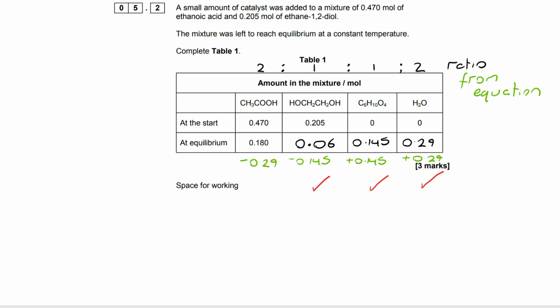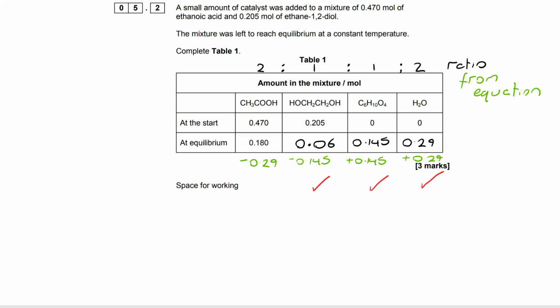If we compare ethanoic acid to the ethane 1,2-diol, there's a 2 to 1 ratio. So if 2 moles of ethanoic acid react, only 1 mole of ethane 1,2-diol will react. And so it's not gone down by 0.29, it's gone down by half of that, 0.145, and that's where our 0.06 comes from.